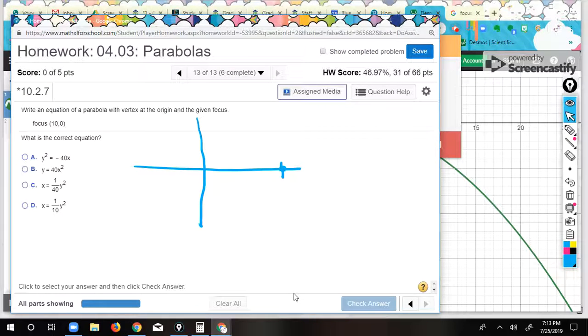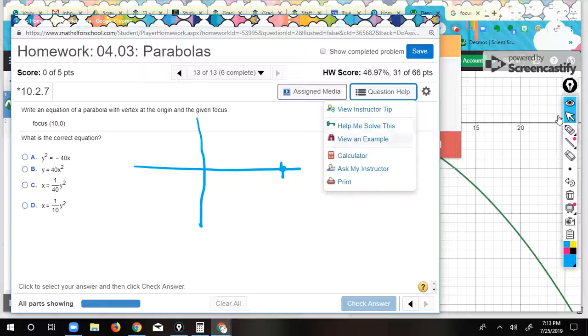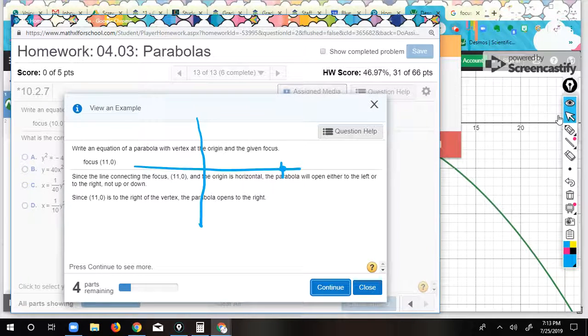Okay, I'm done. Okay, so if we're at 10, 0, that means your C value is going to be 10. So your vertex, because, and this is, okay, see how our focus is over here? Yeah, let's take a look at this question. Help. View an example.